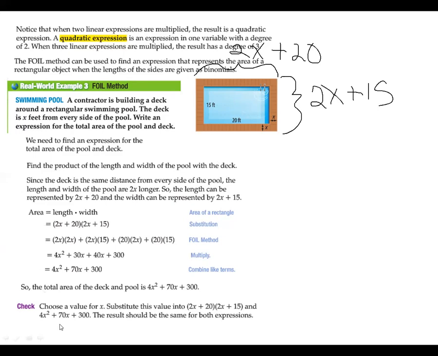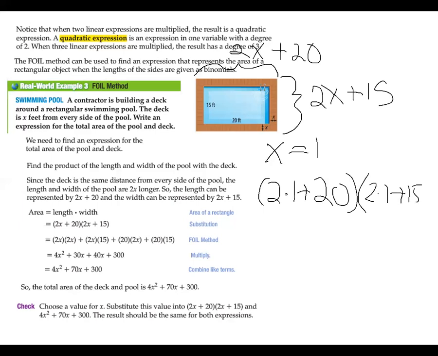For example, if I wanted a deck around the pool that was 1 foot, I can multiply 2 times 1 plus 20 times 2 times 1 plus 15. So it'd be 22 times 17. And 22 times 17 is 374.